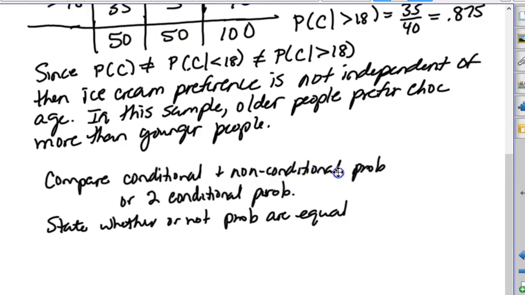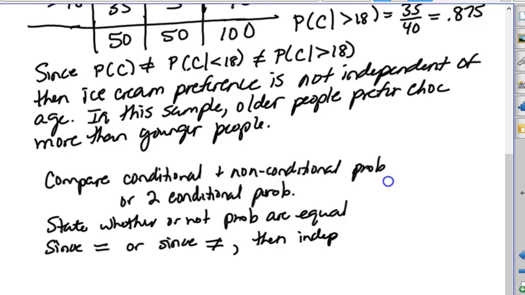You have to refer to that and then say, since equal, or since not equal, then independent or not independent. So those are what you have to do. You have to compute the appropriate probabilities, and then use the fact that they are equal or not equal to support your reasoning for independent or not independent.